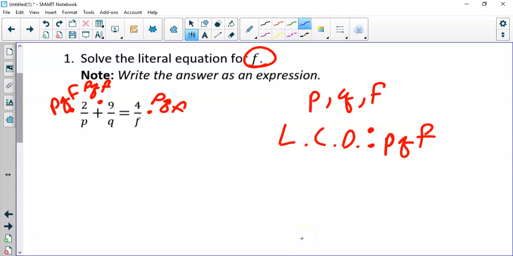All right, so let's figure out what we got left. What's going to happen between PQF and the P? P's go away. So what am I left with there? So what's QF times 2? Everyone good so far? Okay. What's going to happen to the PQF and the Q?